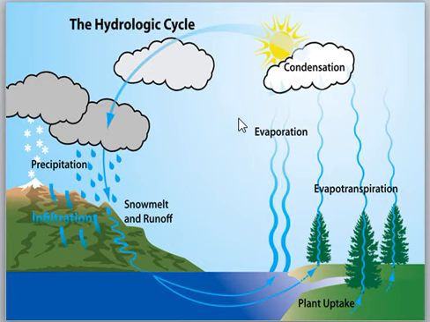I would like also to add that these different cycles are normal cycles. But once we interfere and we don't use them wisely, it will greatly affect our living. It will greatly affect our environment.